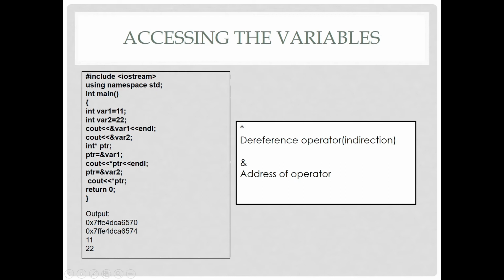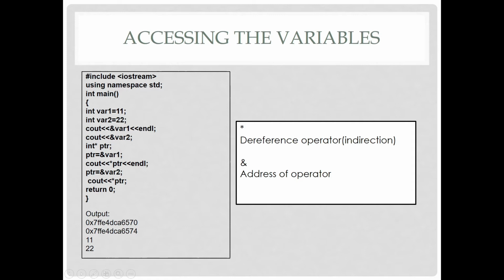Now what does ptr hold? It holds the address of var1, which is 0x7FFE4DCA6570. But I don't want the ampersand, I want a star. That means I am going to display the value at this particular ptr.